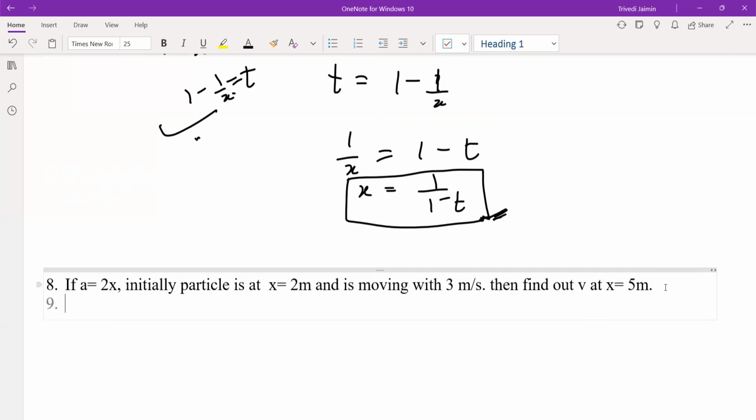What this question says: if a is depending on v in the following way, a equals v, and at t equals 0, x equals 1 meter and v equals 1 meter per second.